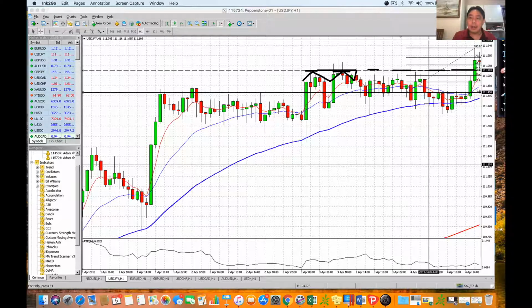Now if there isn't any kind of support over there, if it's purely a 50% retracement, there's no support, you could still take it, but you have to ensure that the retracement is at least 2 ATR. But in this case, we have got that level of resistance and support. 1 ATR is fine. So this could be a potential place that we place our buy order.